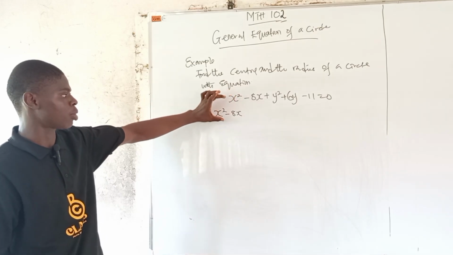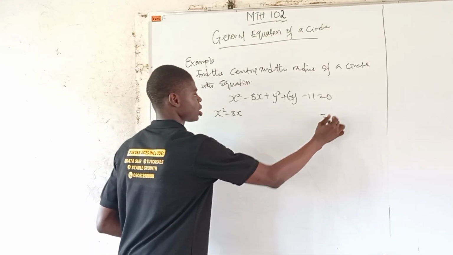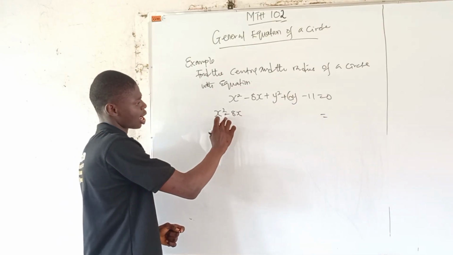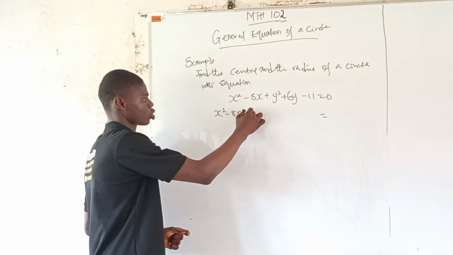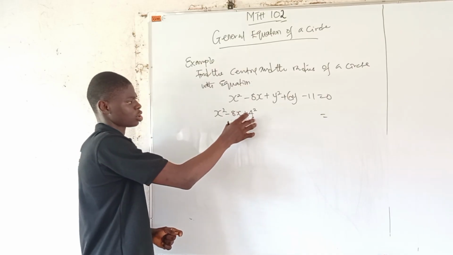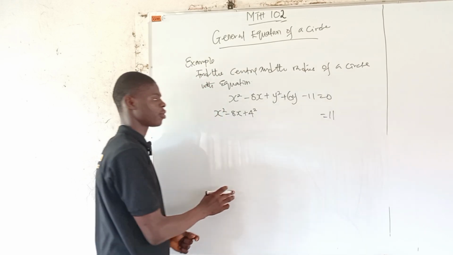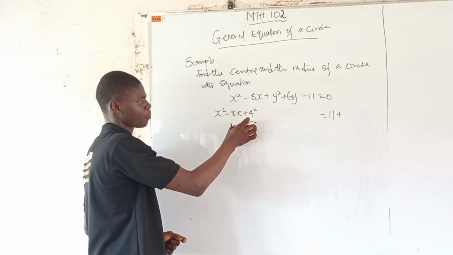And you're going to do that both for this part and also this other part. So you have to watch me closely now. You have x squared minus 8x. Half of 8x is 4, so you're going to take the square of 4. And moving your 11 this way, you should have positive 11 plus the square of half of 8, which is 4.